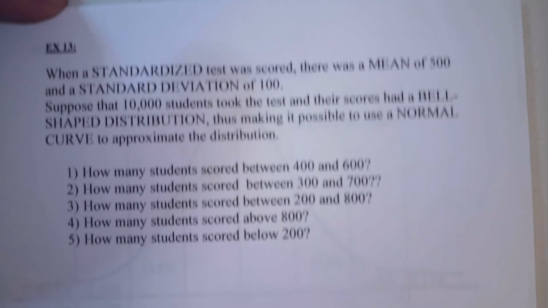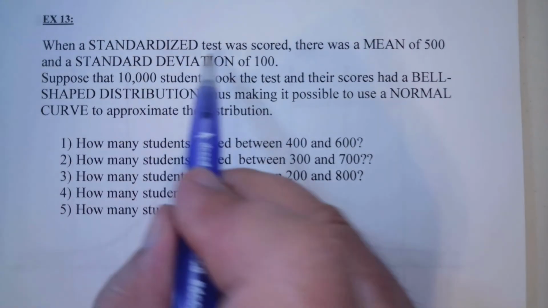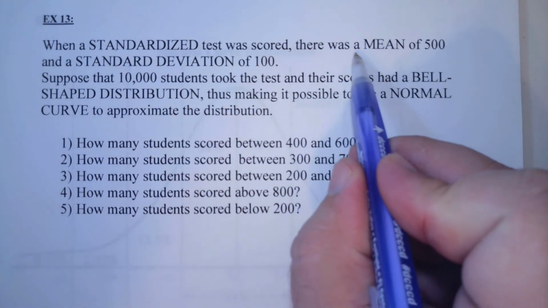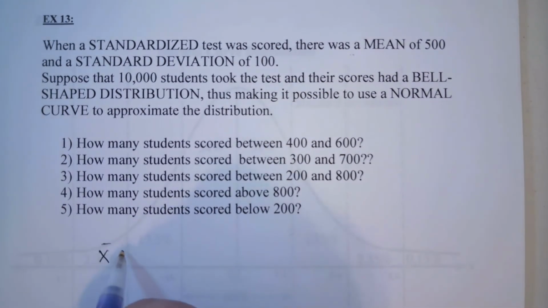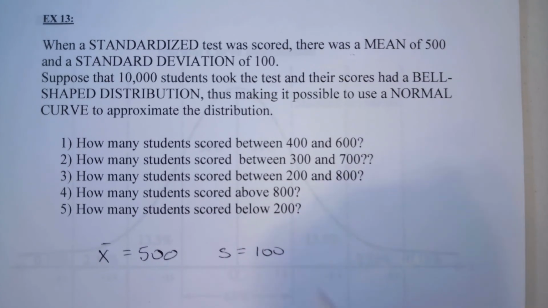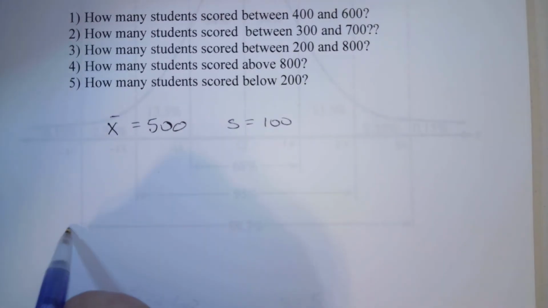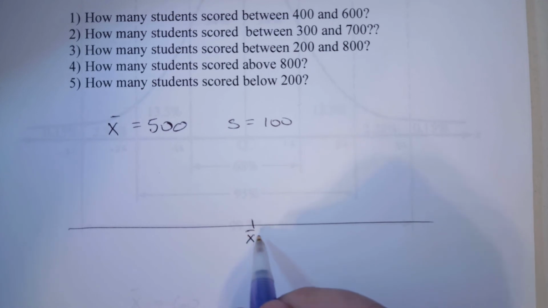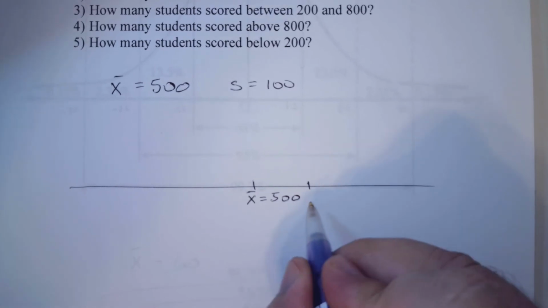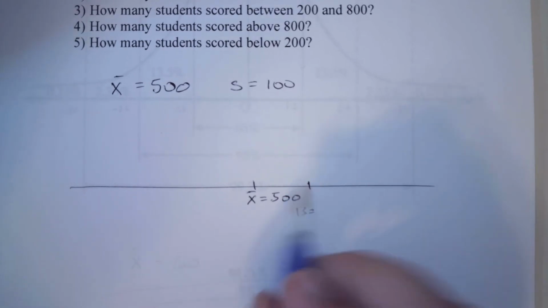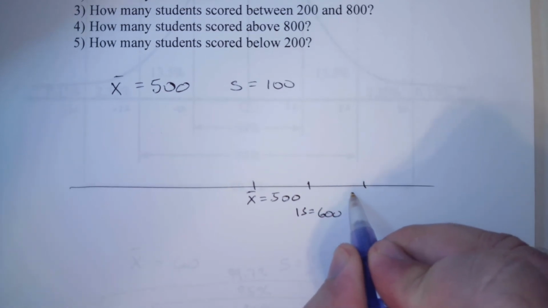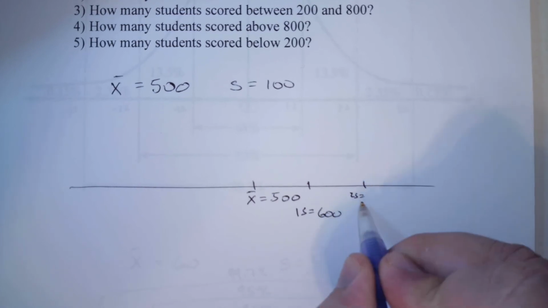So here's an example. A standardized test has to be standardized, because if it's not standardized, it won't give us a bell curve. It had a mean of 500 and a standard deviation of 100. So let's create our list. We have a mean of 500, 1 standard deviation, so 500 plus 100 is 600. 2 standard deviations is going to be 600 plus 100 is 700.